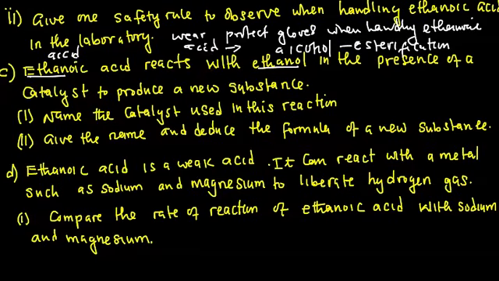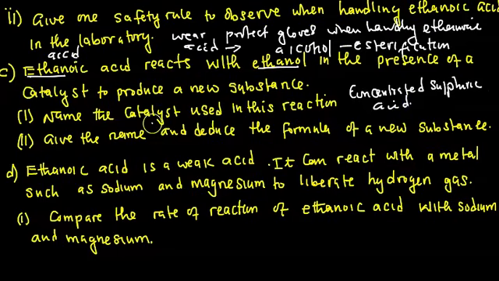In this case, the acid is ethanoic acid, and the alcohol is ethanol. Name the catalyst used in this reaction. The catalyst used here is concentrated sulfuric acid. So take note of that.